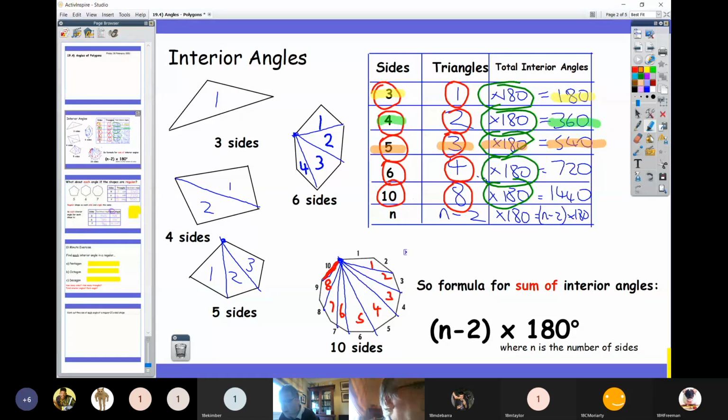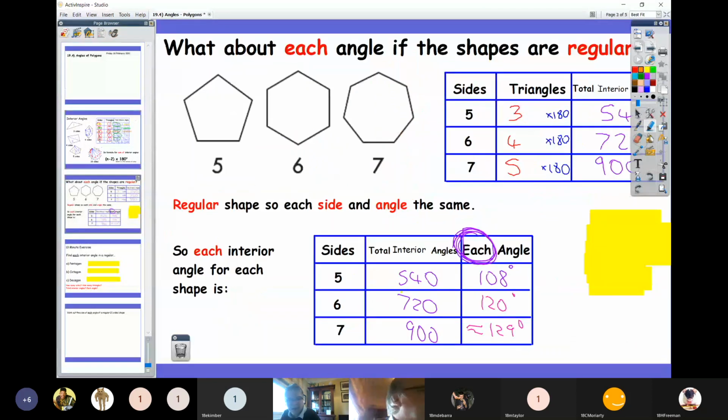Now, how do you then go on to work out what each of the angles inside the shape is? Well, you've then just got to go back and divide by the number of sides. Okay, so let's work through this slide. Let's just focus on the 5-sided shape. 5 sides, therefore 3 triangles, highlighting in green.